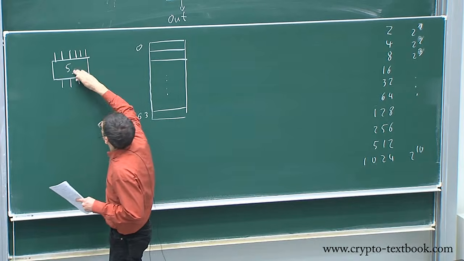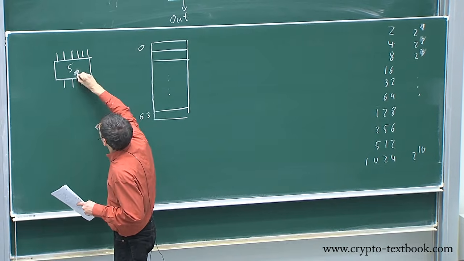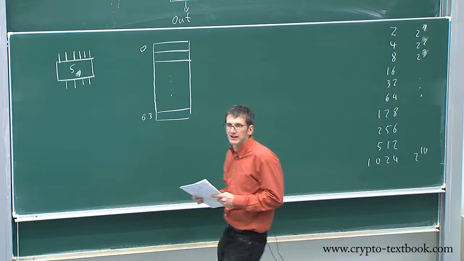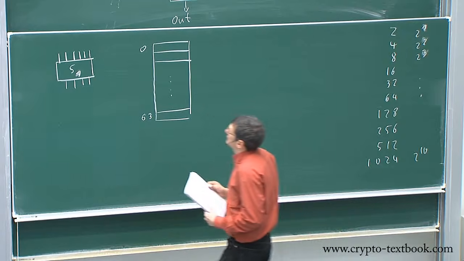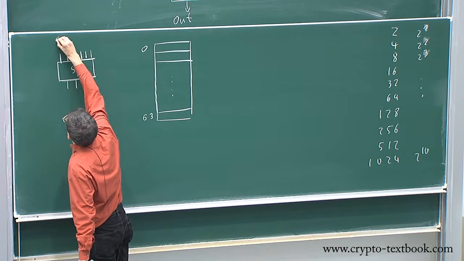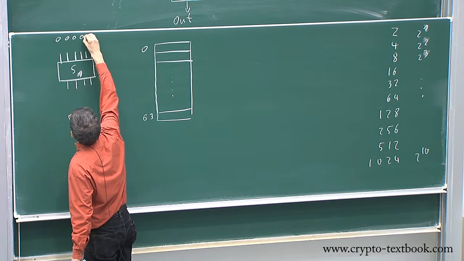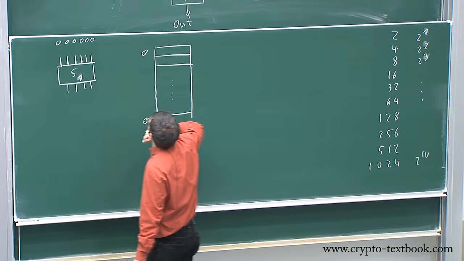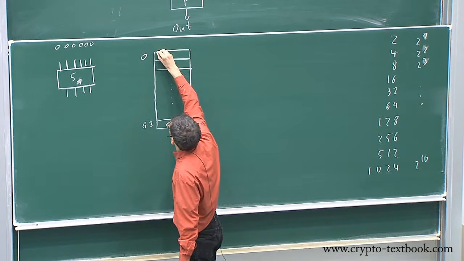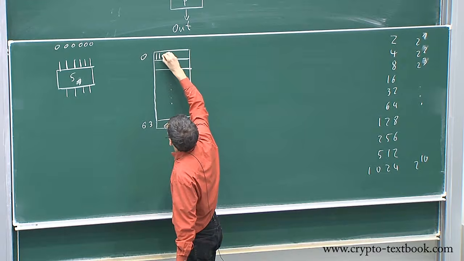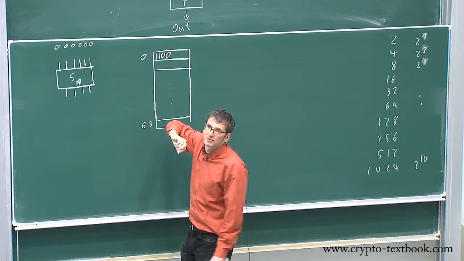Each memory location, let's call that S1 here. Now we look at this very specific, the first table, S1. It turns out if you provide the all 0 input, then the output becomes 1, 1, 1, 0, 4 output bits.